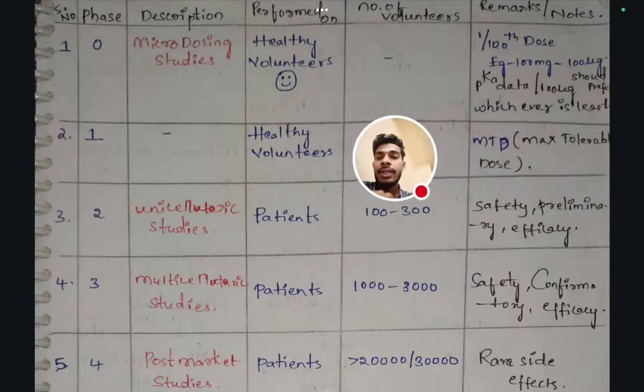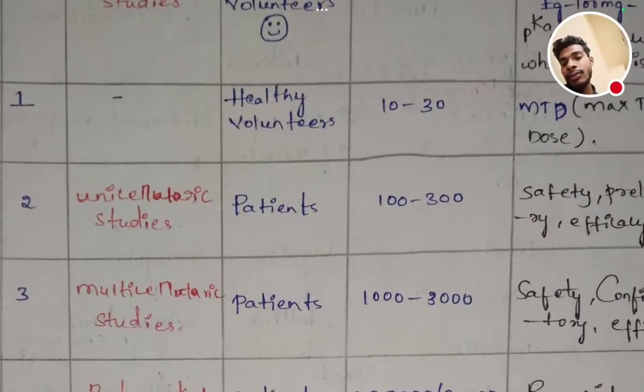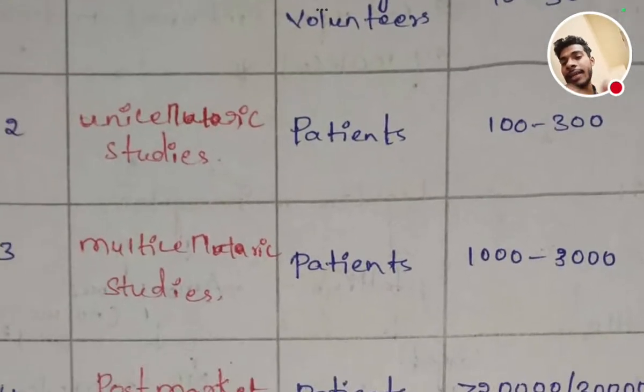In phase 0, called microdosing studies, 1/10th of the dose is used for pharmacokinetic and pharmacodynamic data, whichever is least. Okay, but you have to remember these important names.